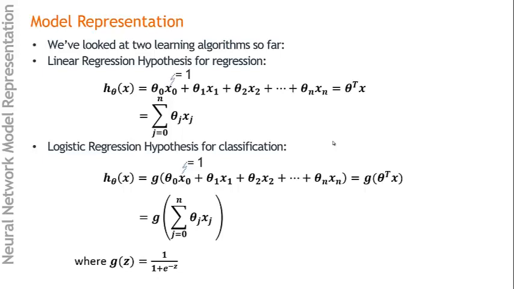Now, let's go back to our regression model and see if we can build on this. Here you have a case with several inputs or several features producing a single output. And this output was a linear function of the inputs.